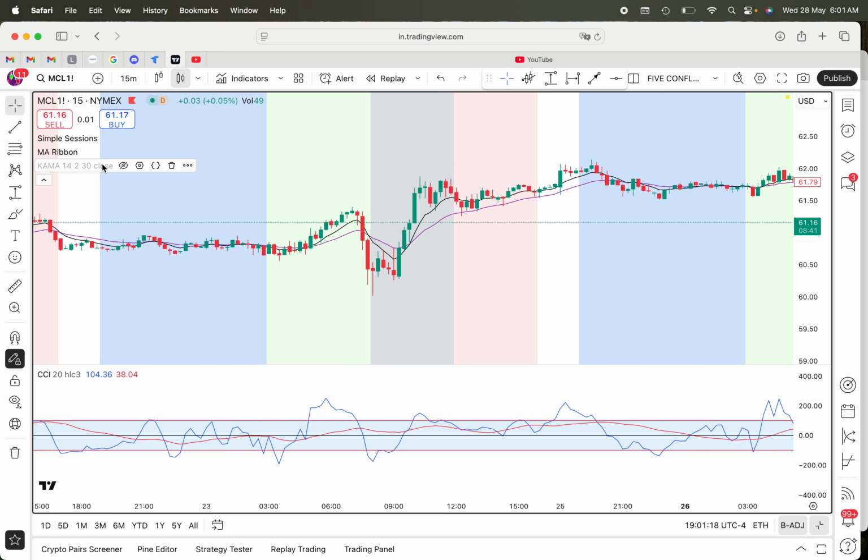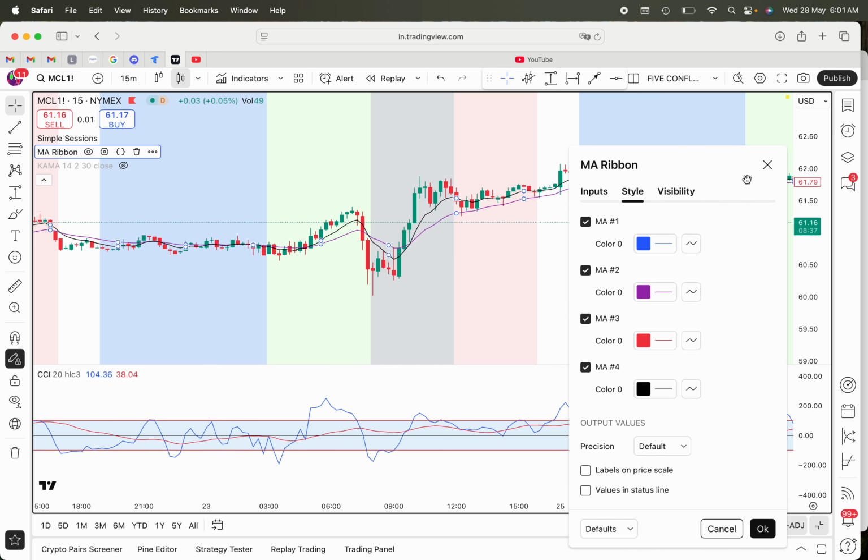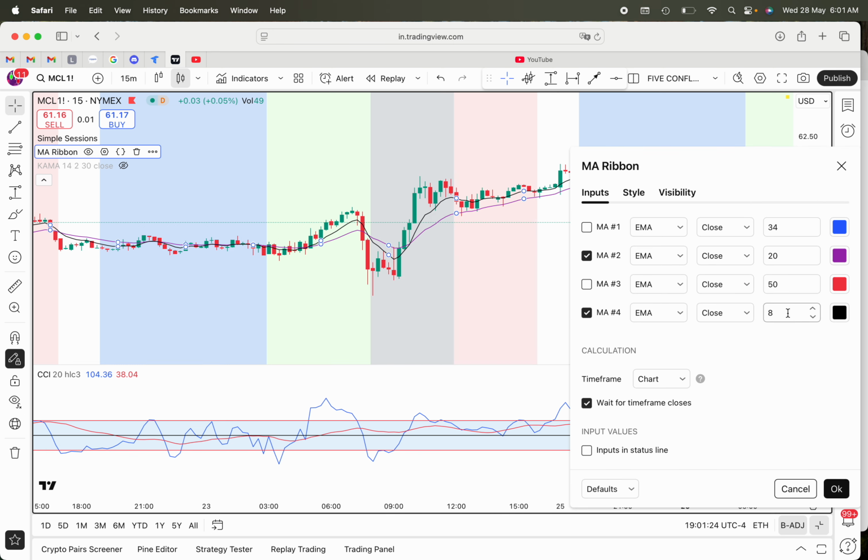I could make that really short, but the problem is you then get these. I'll just try and make that a 5. No, you wouldn't want to go any shorter than a 3. So, there's a 3, and it's not really mimicking the CCI line here.